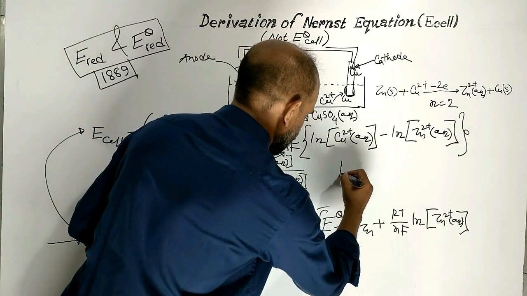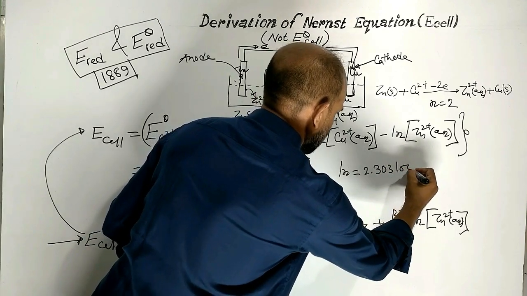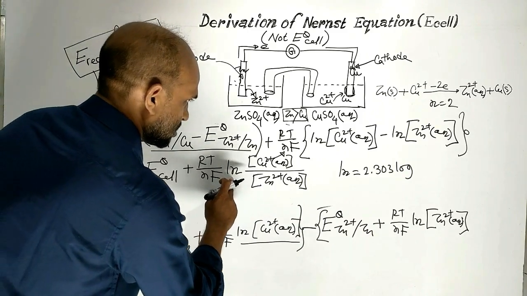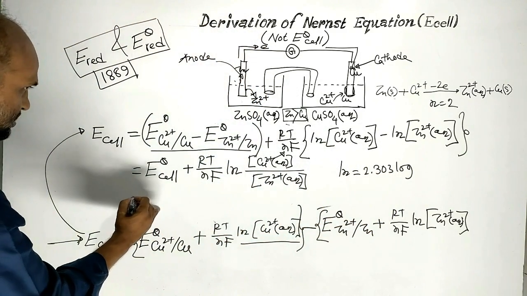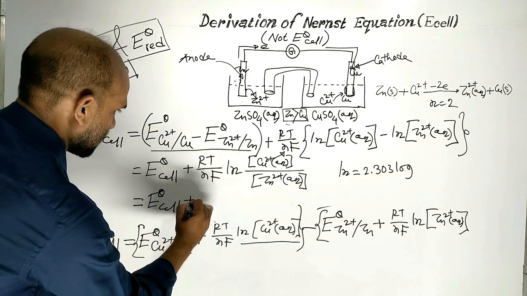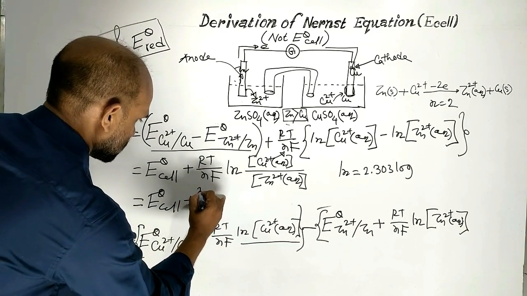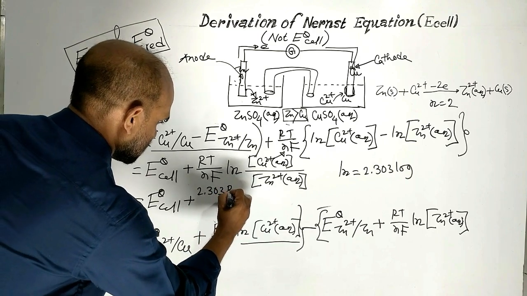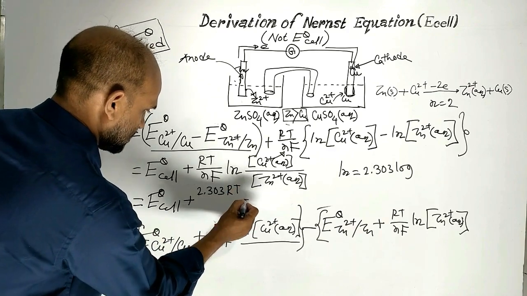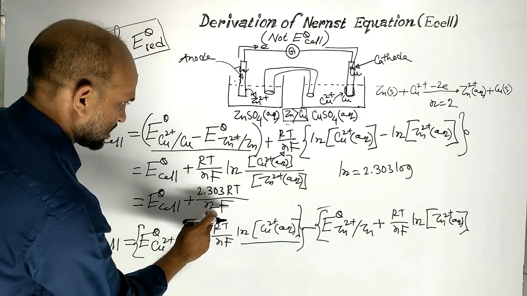Again we know ln is equal to 2.303 log. Now replacing ln by log, we get standard cell potential plus 2.303 RT by NF. Here R is the molar gas constant, T is Kelvin temperature, N is the number of moles of electrons, and F is Faraday.